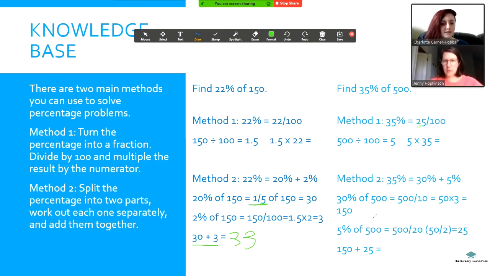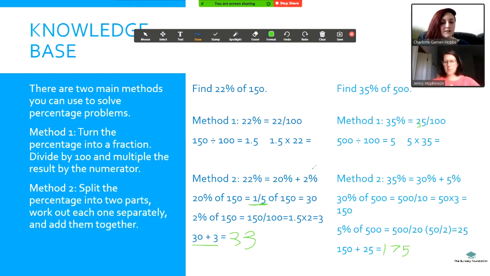For 5%, I'm going to do 500 divided by 20 because I know that 5 goes into 100 20 times. Or you could do divide by 100, multiply by 5. Either way, that gives me 25, and then I can do 150 plus 25, which is going to get me 175.